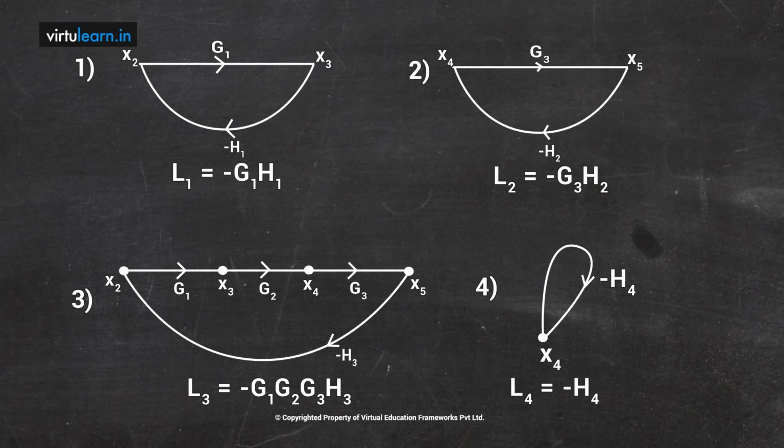First of all, we talk about the two non-touching pairs. To find two non-touching pairs, compare L1 and L2 and see if there are any common nodes. If you compare L1 and L2, there is no common node. If there is no common node, it means there is a two non-touching pair available.